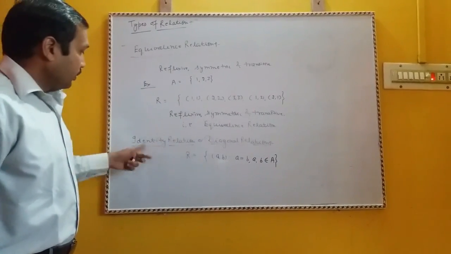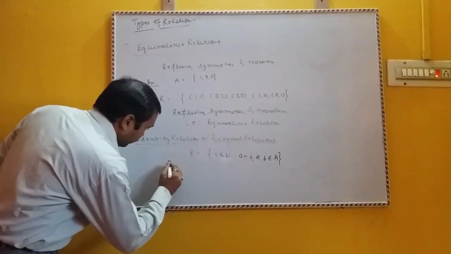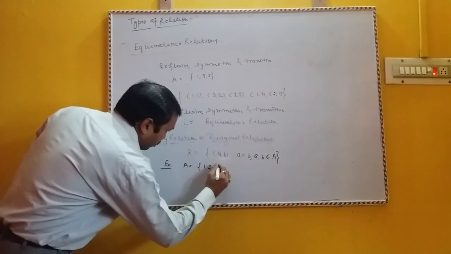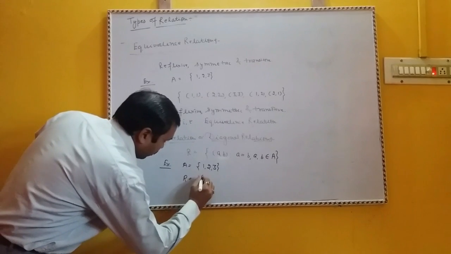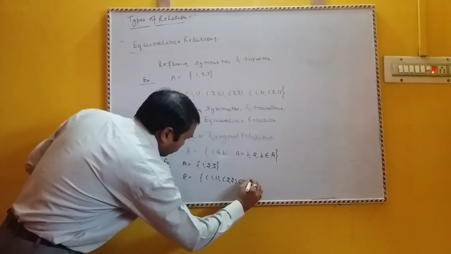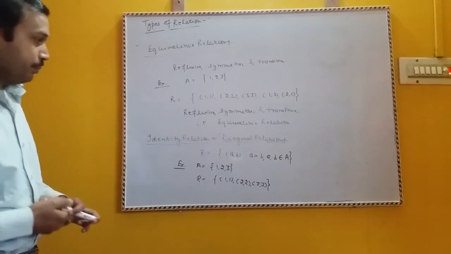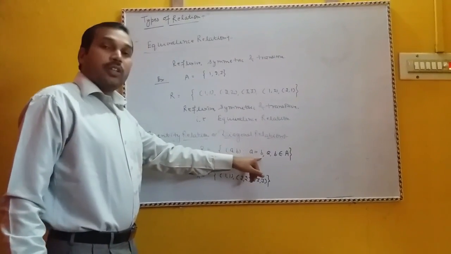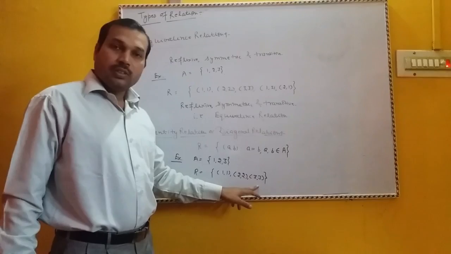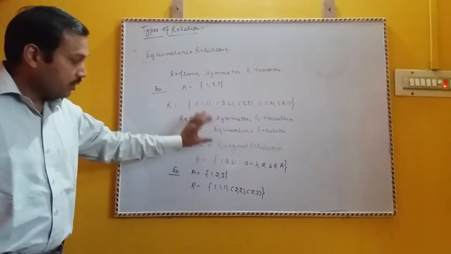So this is called identity relation or diagonal relation. Example: let A = {1, 2, 3}, then R = {(1, 1), (2, 2), (3, 3)} is called identity relation, (a, b) such that a = b. So it only has mirror images (1, 1), (2, 2) and (3, 3). So this is called identity relation or diagonal relation.